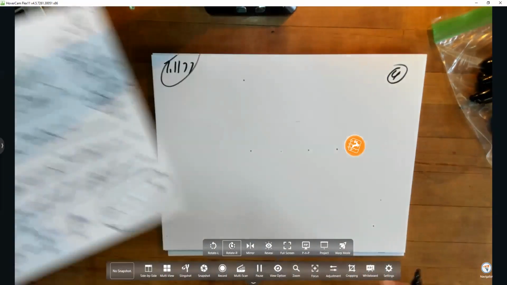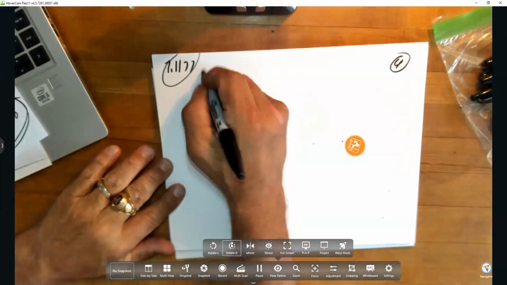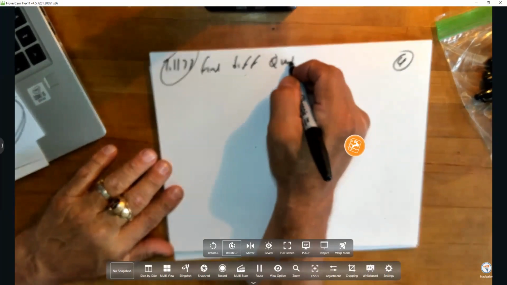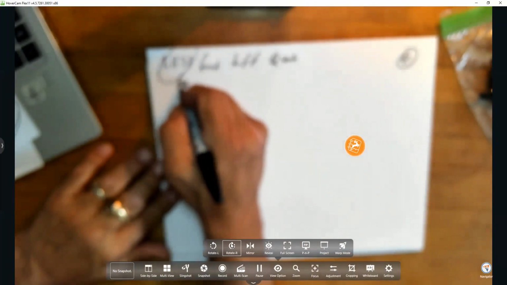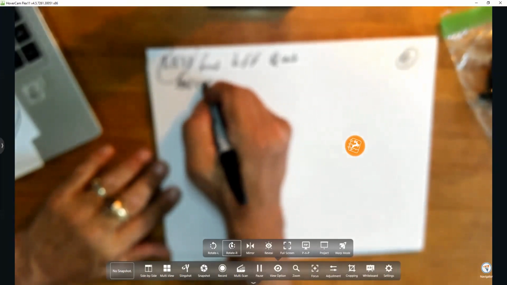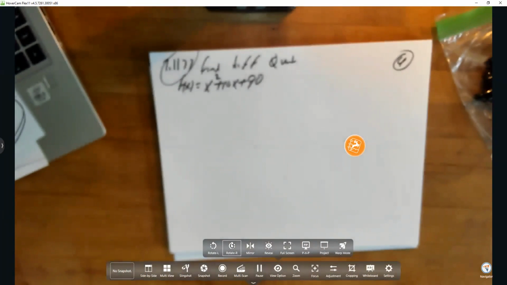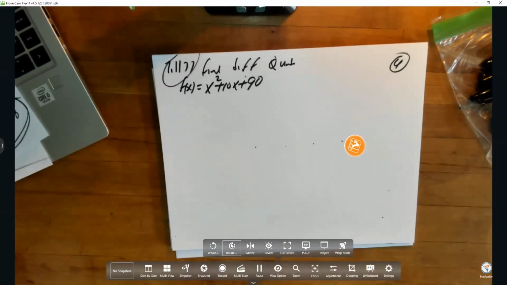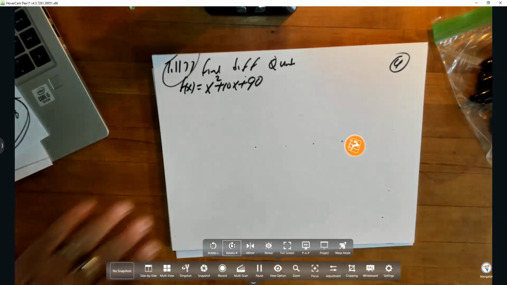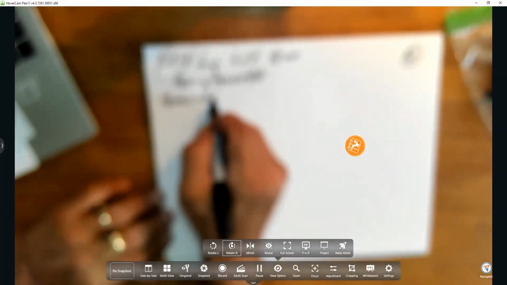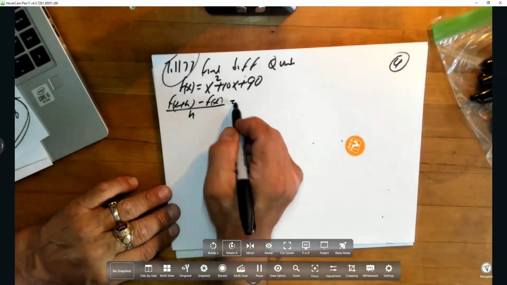All right, ready? So it's going to say find the difference quotient. This time I'm going to use big numbers. It doesn't matter. f(x) equals x squared plus 10x plus 90. I'm using double digits. It doesn't matter, you have calculus anyway. All right, ready? So f of x plus h minus f of x over h.